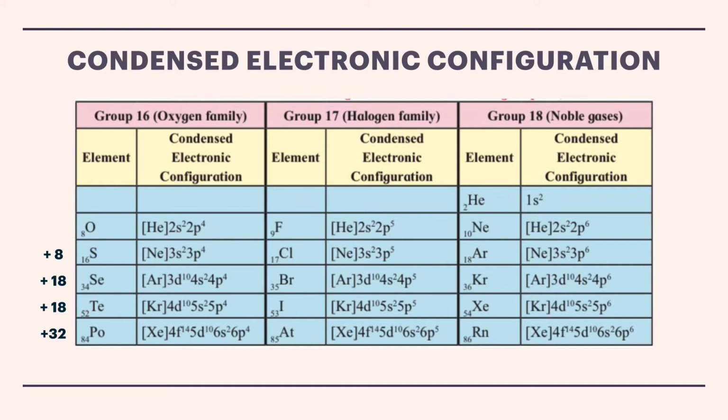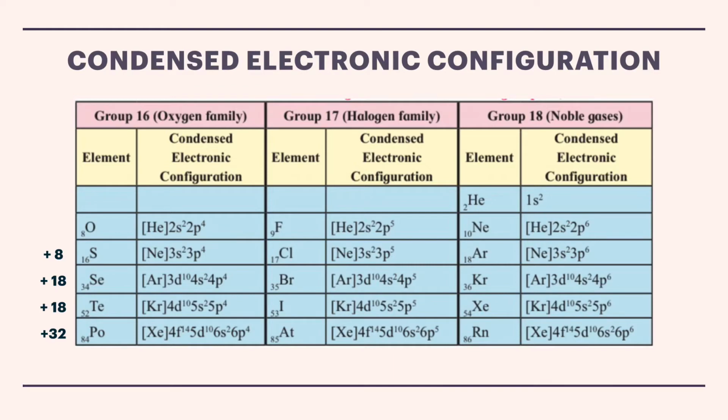Next, for selenium, I have to add plus 18, so the atomic number for selenium will be 16 plus 18, that is 34. Similarly for tellurium, it will again be plus 18, so it becomes 52. And for polonium, it is plus 32, so it will be 84.